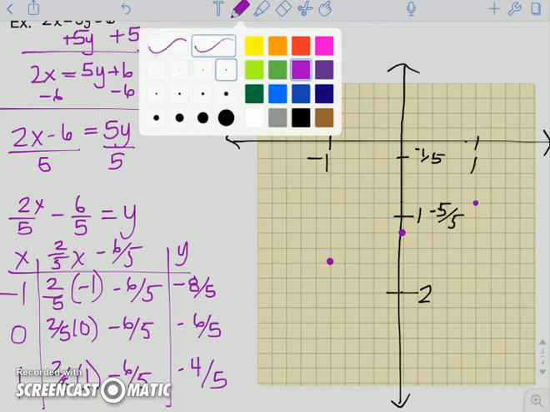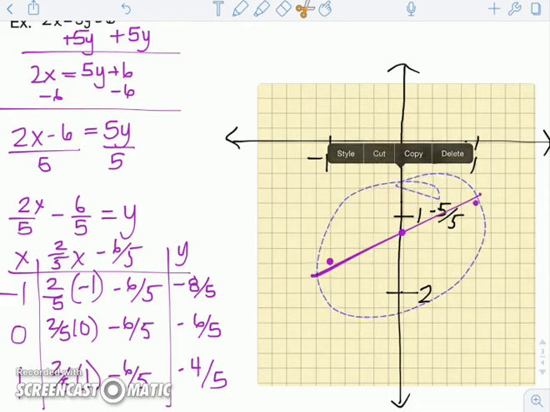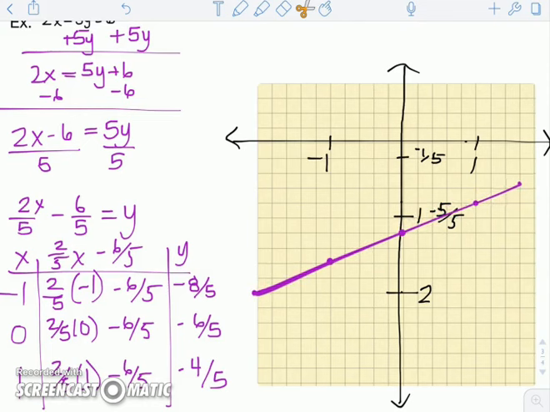I'm going to draw a line right here, use the scissor tool to pick up this line, stretch it to fit my graph, and go through all 3 of my points, put arrows on the end, and that is my graph. Again, if you already are familiar with slope-intercept form, you don't need to use an XY chart. However, you should show your work of how you got it into slope-intercept form. This really should be a review. If you need additional graphing practice, let me know.